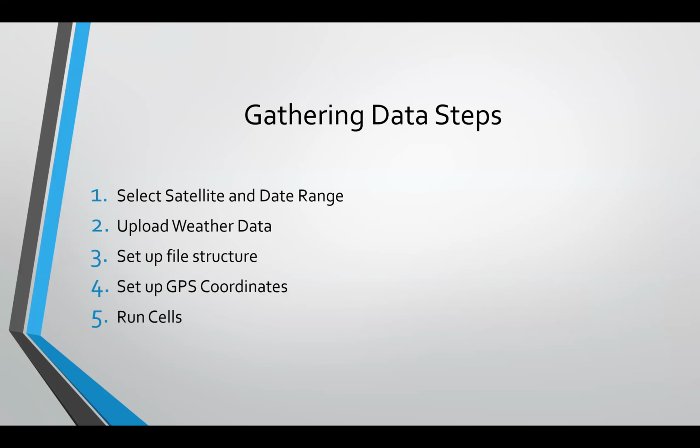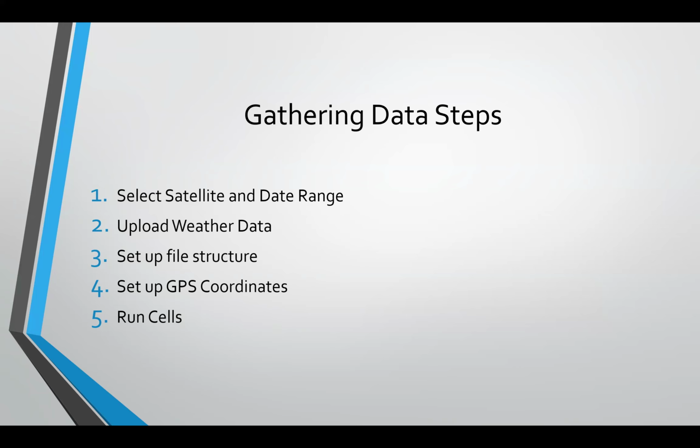So this is the gathering. In the gathering data phase of the code, there's a little bit of legwork to do before you even run anything. First off, obviously, you need to select your satellite and your date range. I try to make the code very versatile so that anyone could use it for running TSEB at any location on Earth, but I just defaulted to my research project. So the satellite I chose was Landsat 8, and the date range was the 2022 growing season.